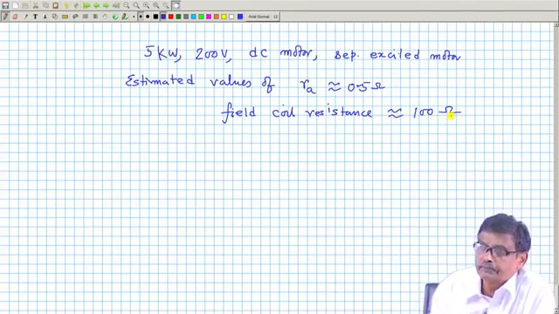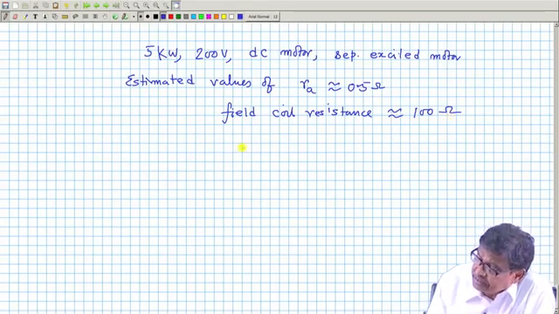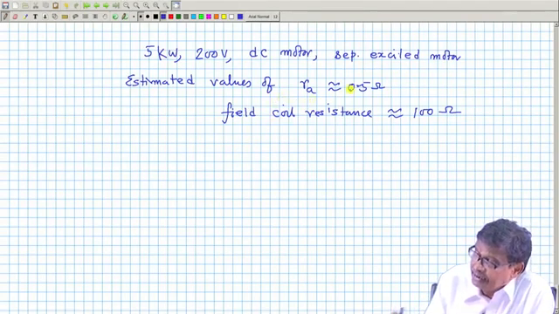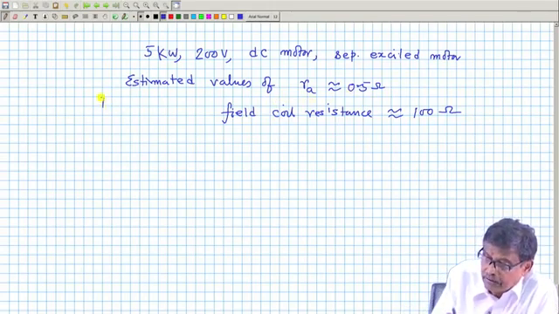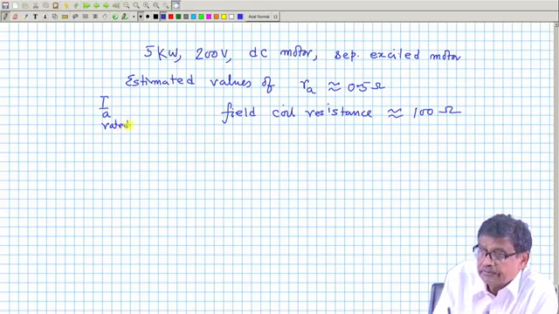That is what we have got. Now, for this machine we have already got its rated current, IA rated. How much is it? 30 ampere, approximately 30 ampere.